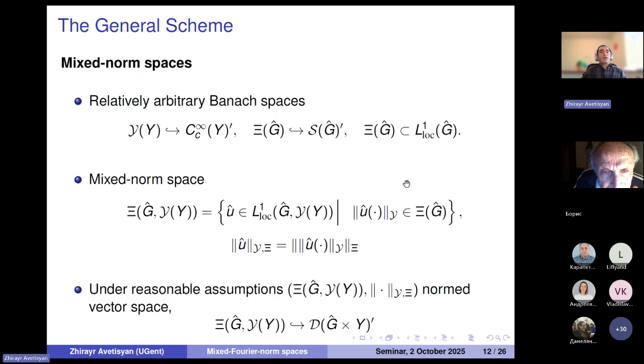Okay, now the main objects of the construction come in. So we begin with relatively arbitrary, and by relatively arbitrary, I mean there are some very mild conditions like a lattice property for the norm or so, pretty mild conditions for the Banach spaces.